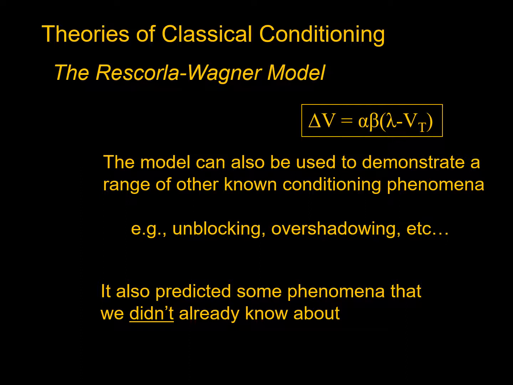And that, in fact, happened pretty quickly with the Rescorla-Wagner model. People just playing around with the model said, well, if we do this with the model, this suggests that in real life, this would happen. And nobody really knew whether that would happen or not, although I think they probably had a pretty good suspicion that it would.